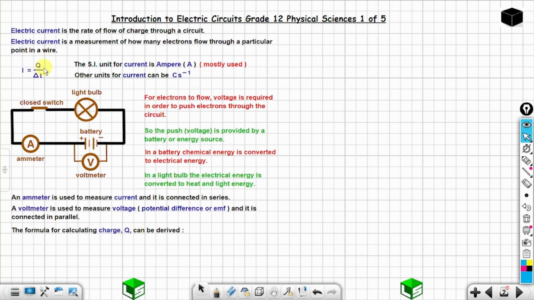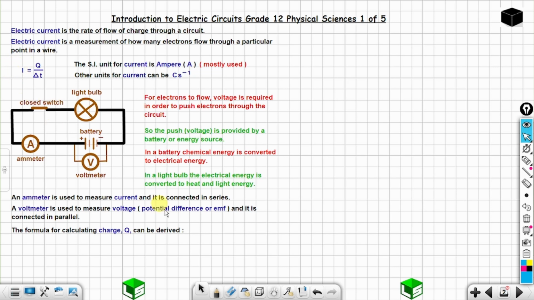What you can do is multiply by change in time on both sides. When you multiply by change in time on the right side, you are going to be left with Q, which is the charge. You do the same on the left. You are going to have the current times the change in time.